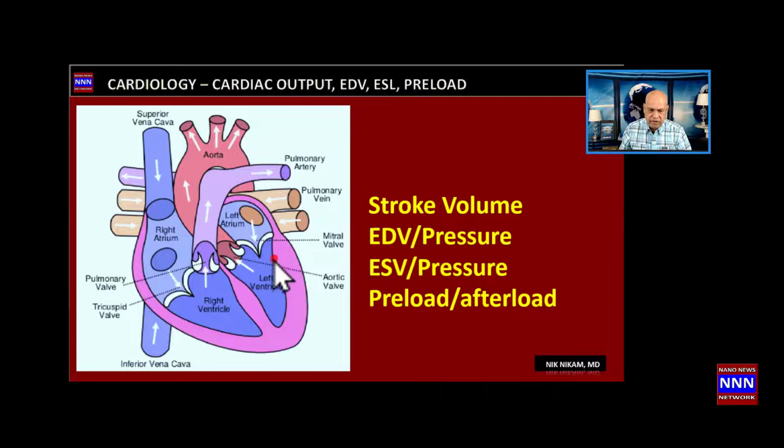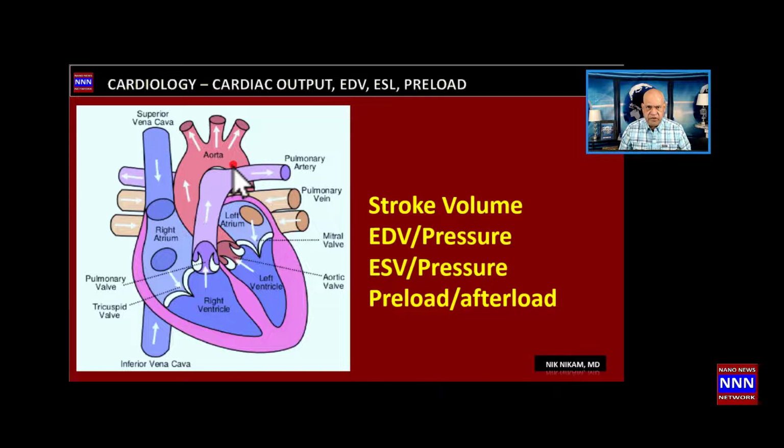When we talk about pressure, we are talking about afterload. That is the resistance against which the ventricle has to push the blood. If the patient has hypertension, there is increased resistance to push the blood across the vascular system.